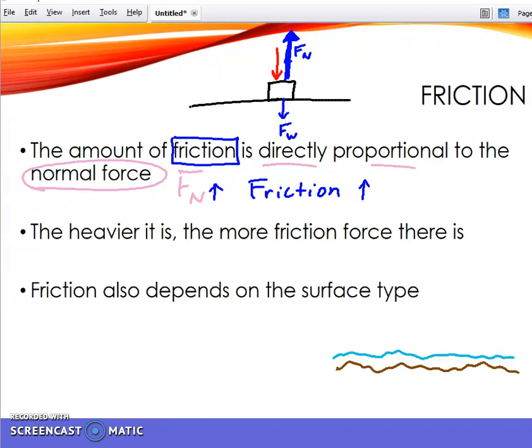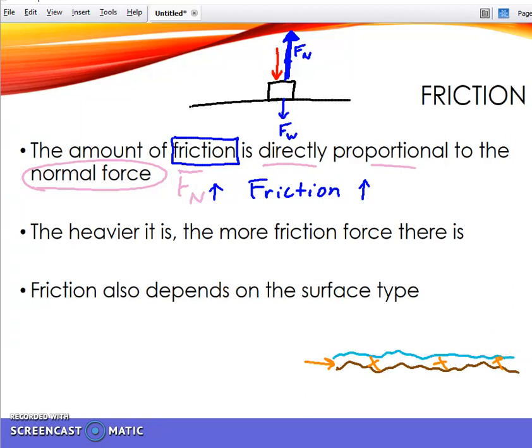It is the interaction of these surfaces that creates friction. Every material has a different surface, so there's going to be different amounts of friction depending on the material.